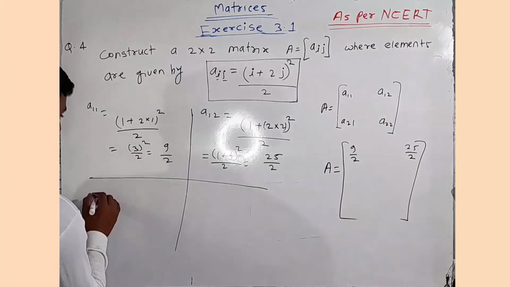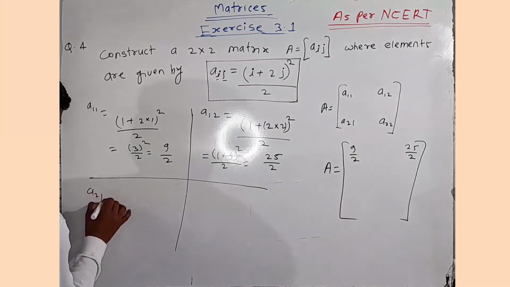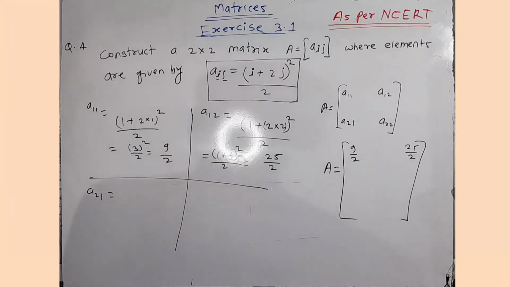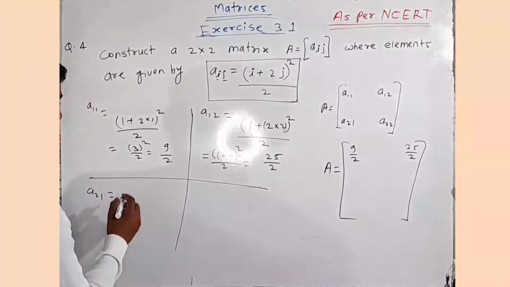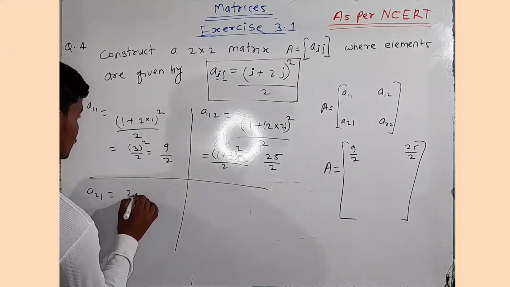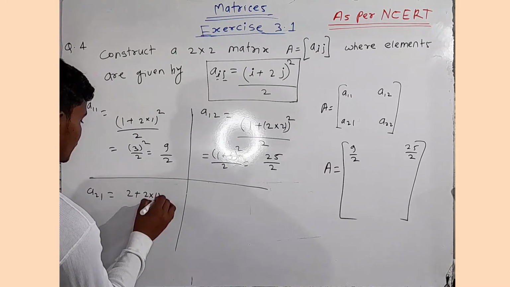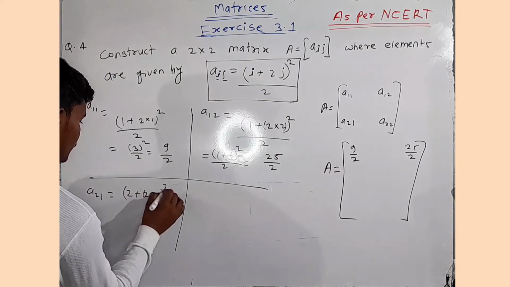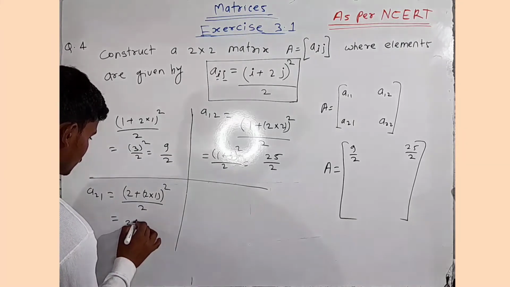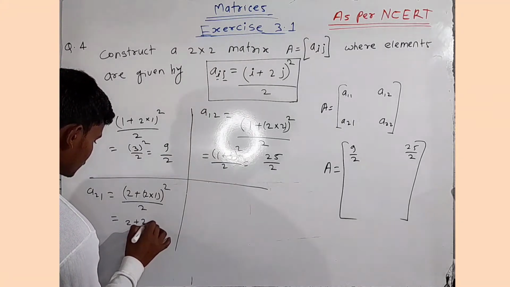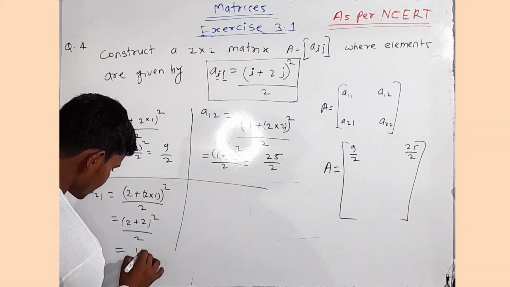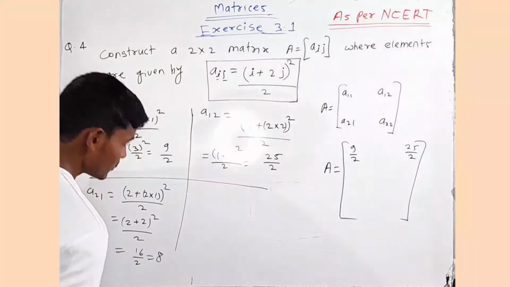Then next A21, where i is 2 and j is 1. So (2 plus 2 into 1) whole square divided by 2, which is (2 plus 2) square divided by 2, 16/2, which is equals 8.